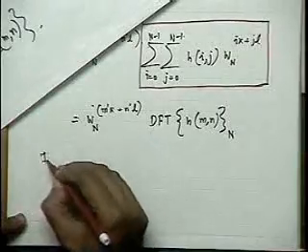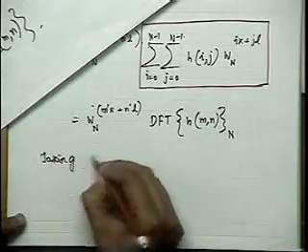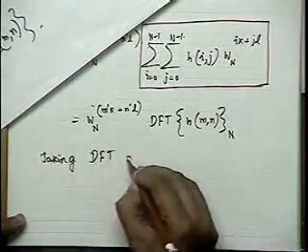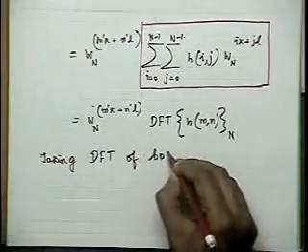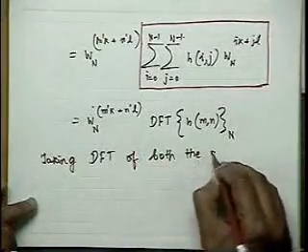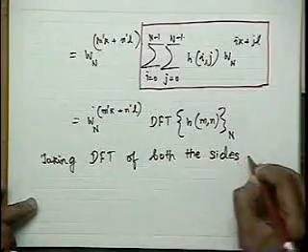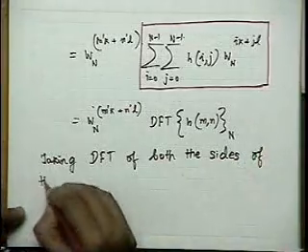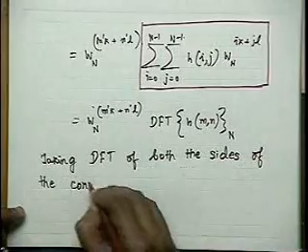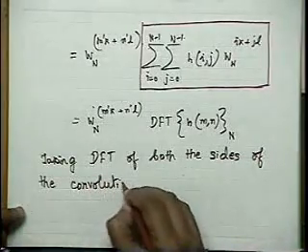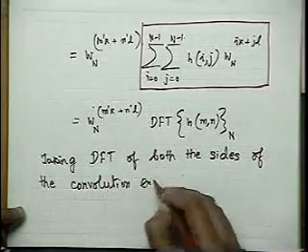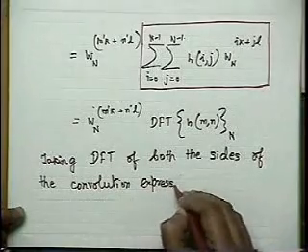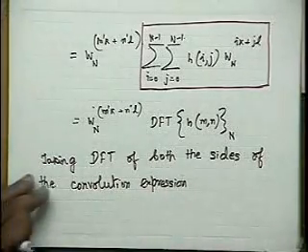So that the left hand side, which is simply u2 of m n, will simply become, taking DFT of both the sides of the convolution expression. The convolution expression is whatever is defined in the last class.